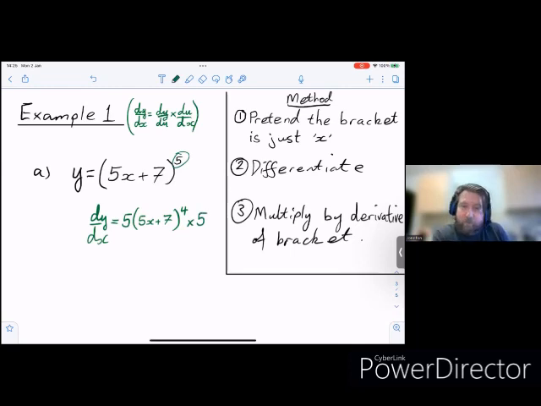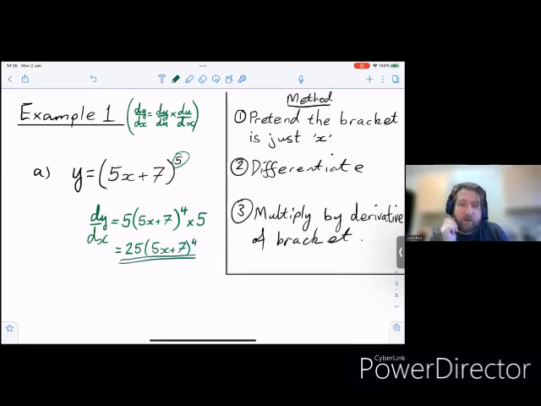Those 3 steps are the process we'll go through for every chain rule question. You forget the contents of the bracket and just act like it's an x, differentiate, and then multiply by the derivative of the bracket. This should be simplified because we've got 5 times 5, so we get 25 times (5x plus 7) to the 4.